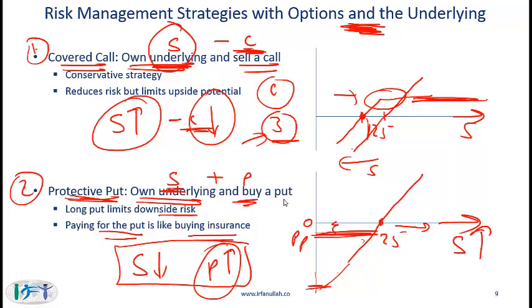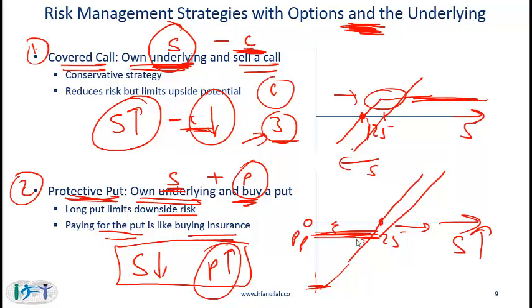So the put is out of the money. You do not need to make any payments. You've already made your payment of P, and the stock going up is good for you. So you keep the upside potential, but you limit the downside.